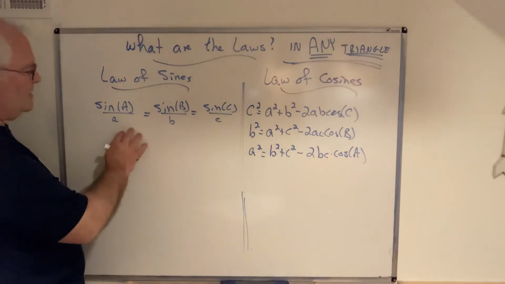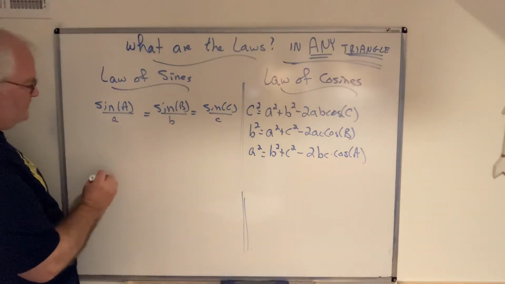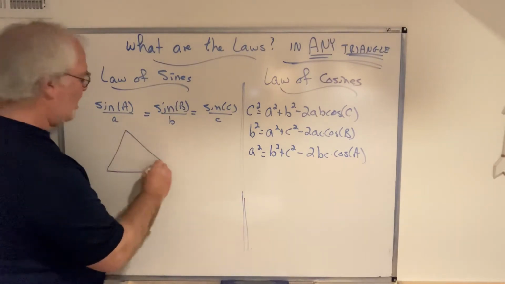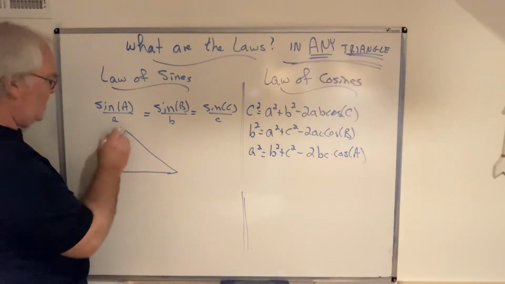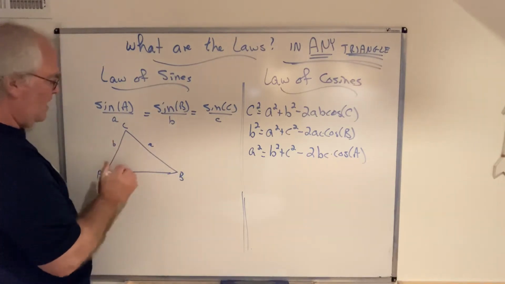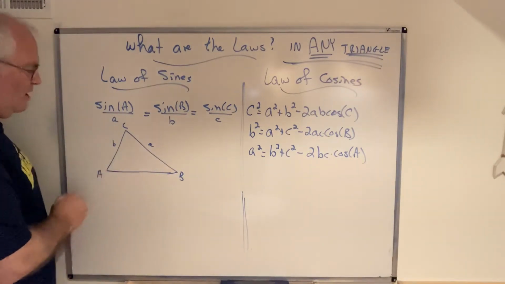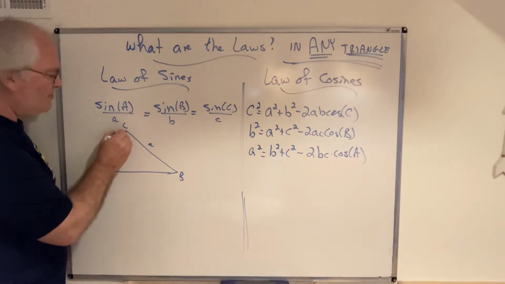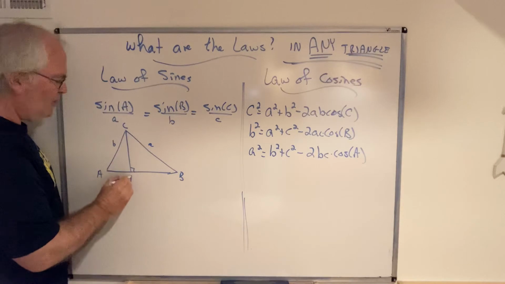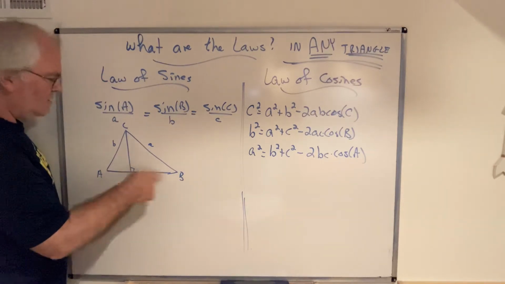The law of sines comes from this. Let me first show you where it comes from. If we consider any triangle at all, let's call this A, C, B. So here's a little a, here's a little b, and this is little c, but we don't care about it. I'm going to drop a perpendicular. Take any triangle we want, drop a perpendicular from C to side AB.